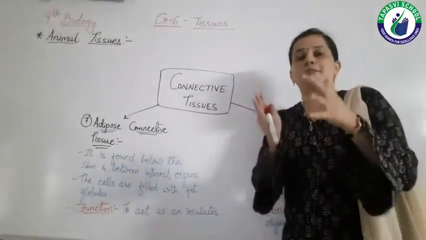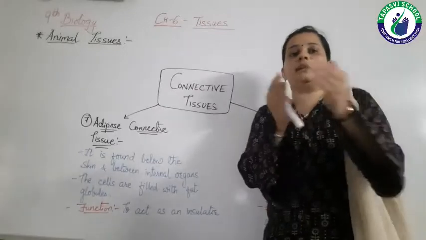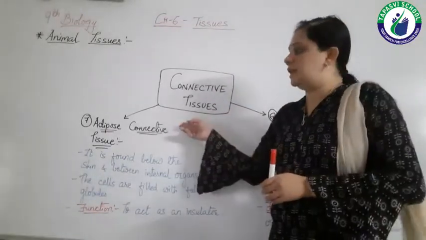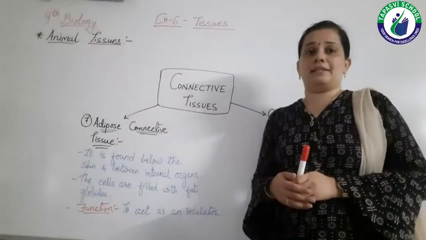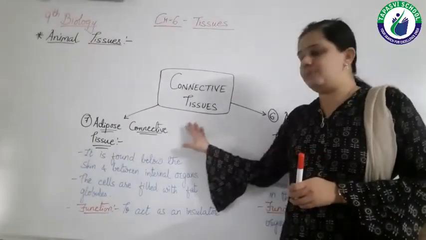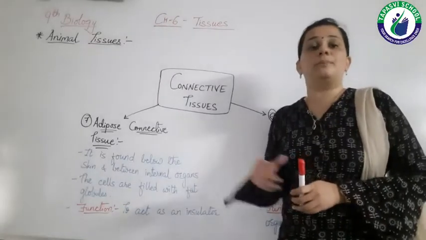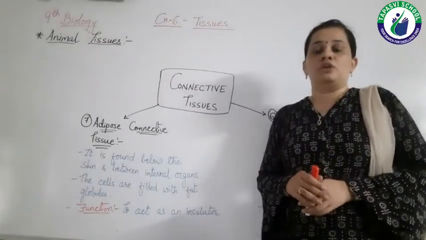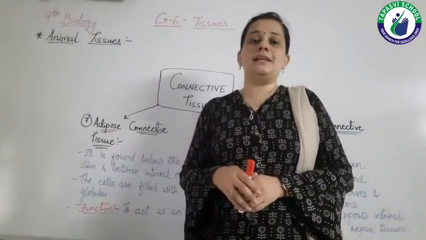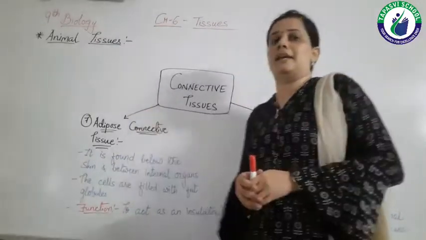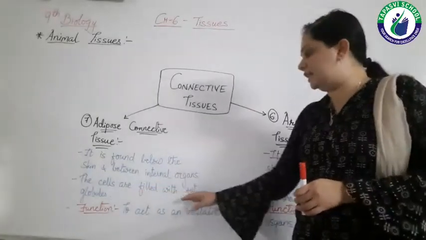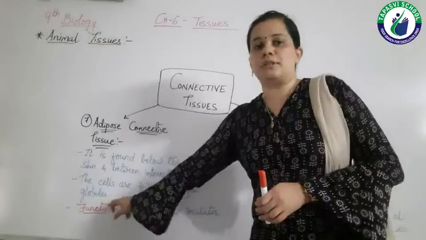If there is a space between the small intestine and large intestine, then that space is filled with this adipose connective tissue. In common language, we can say that adipose connective tissue is made up of fat globules. So if we have fat in our body, then it is stored in adipose connective tissue. The cells are filled with fat globules, right?